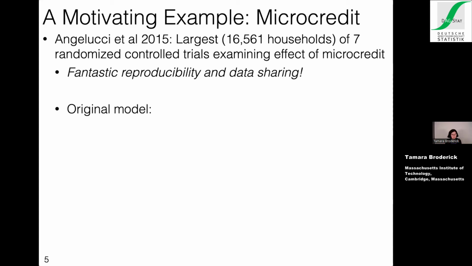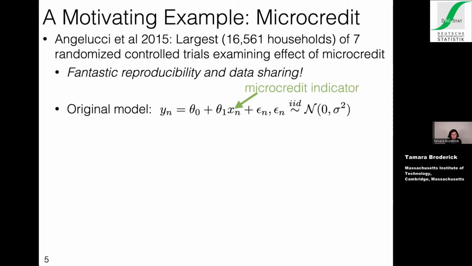The original model here is very straightforward. Let's look at the simplest version. We have a simple linear model. Little n indexes the household or the small business. Xn tells us in the randomized controlled trial, did this household receive microcredit or not? And Yn is the profit of the associated small business, which we also observed.